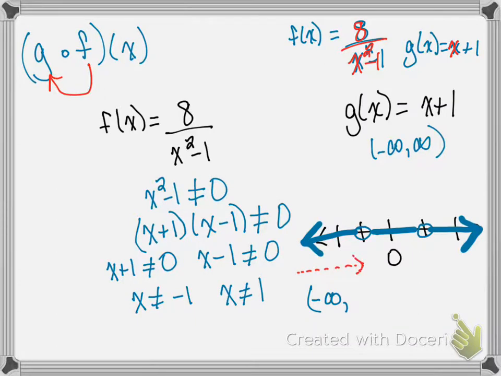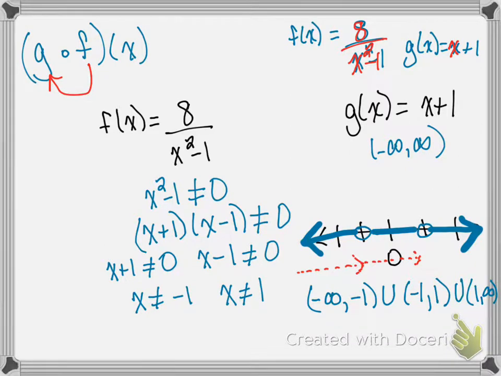So after negative infinity, what's the next number that I come to? Excellent. Okay, and I keep going. I have started at negative 1, and I've gone to what? Good. And then I've got one more interval. Perfect. There we go.